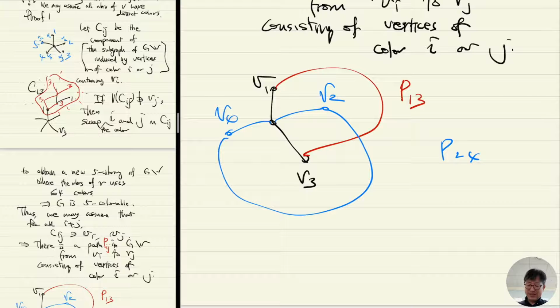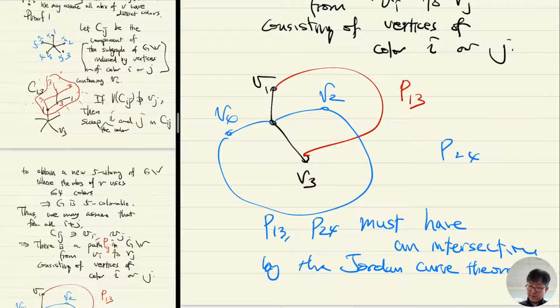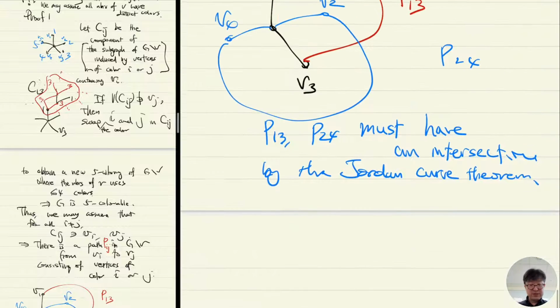Now, here is the contradiction. Where is the contradiction? When you look at this cycle, V2 is inside and V4 is outside, right? This forms a simple closed curve, and any curve from V2 to V4 must intersect this path, right? So P13 and P24 must have an intersection by the Jordan curve theorem, because V2 is inside, V4 is outside.